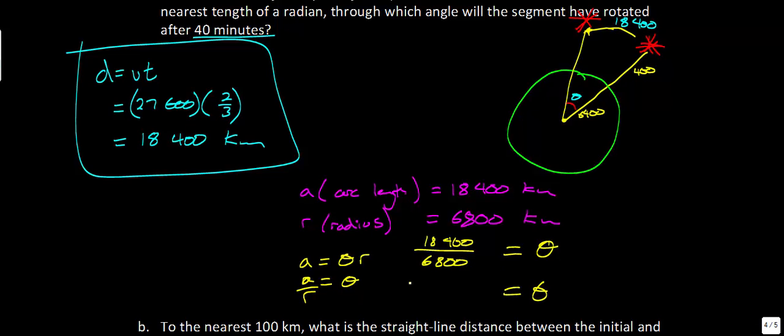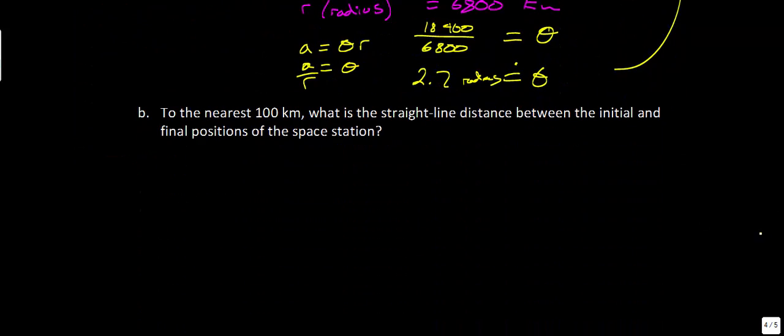And we end up finding that theta, when you put that into your calculator, is equal to 2.7. So approximately 2.7 radians. Okay. So that little bit right there is 2.7 radians. Obviously that's not drawn to scale, but it gives you kind of an idea. So make sure when you're doing these word problems you definitely give yourself some type of a diagram like so.